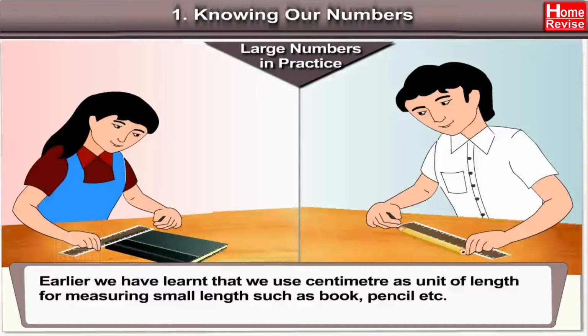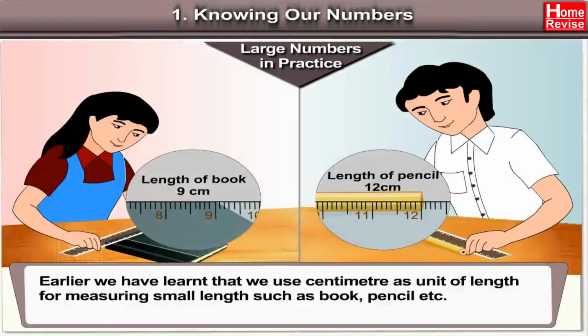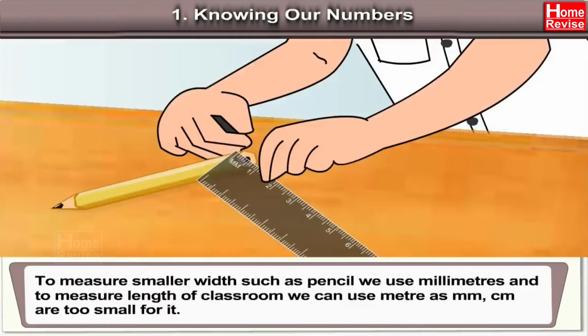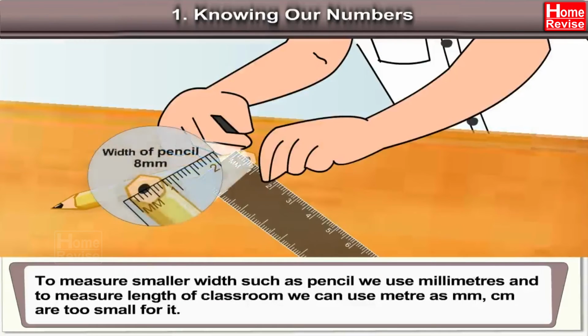Large numbers in practice. Earlier we have learned that we use centimeters as unit of length for measuring small lengths such as book, pencil, etc. To measure small width such as pencil, we use millimeters.